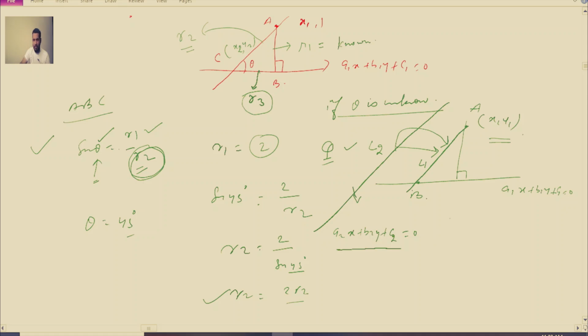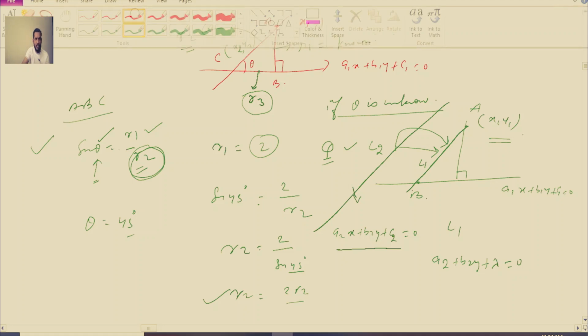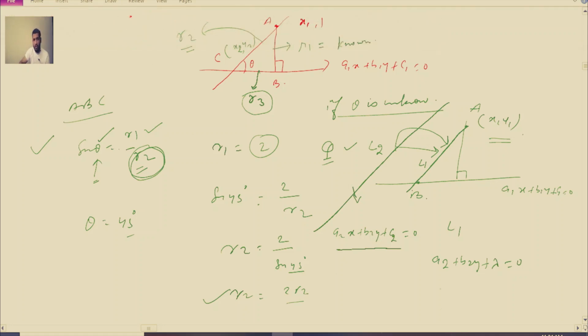That line will be a2x plus b2y plus lambda equal to 0, and this line is passing through (x1, y1).